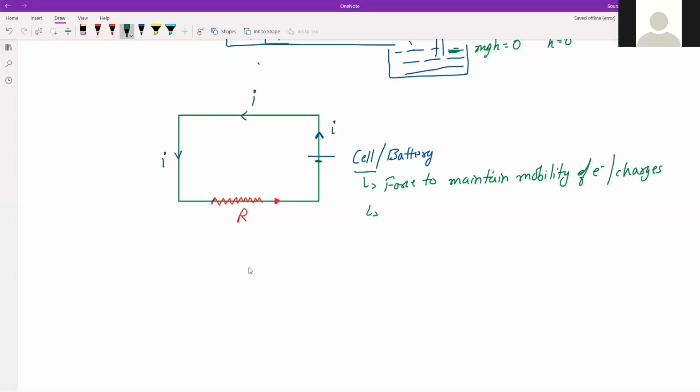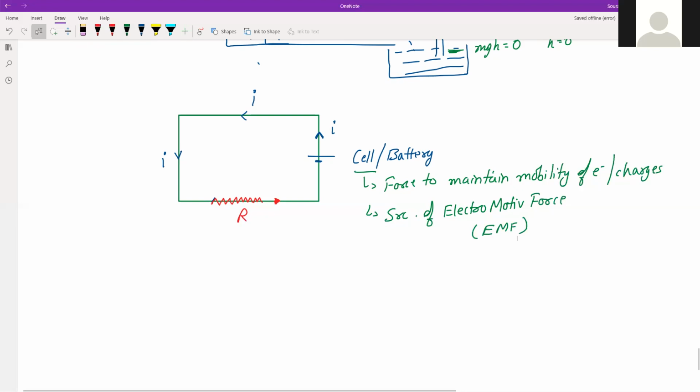So that's why this is called a source of electromotive force, that is EMF, electromotive force, which is actually being provided by this cell or battery.